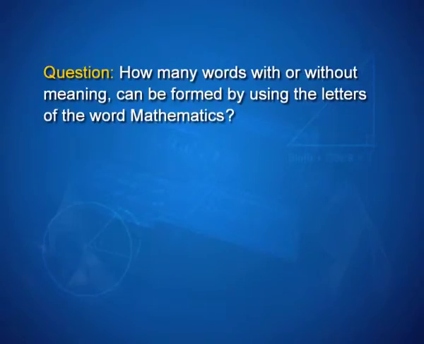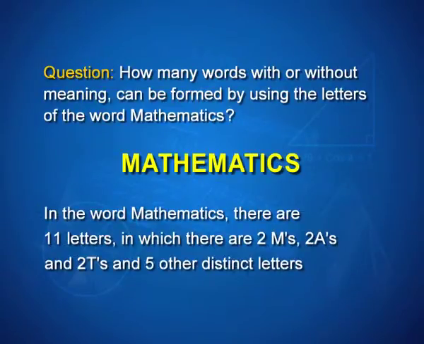The problem says: how many words, with or without meaning, can be formed using the letters of the word mathematics? So, we are looking at a word which has 11 letters, in which there are 2 M's, 2 A's and 2 T's and 5 other distinct letters.